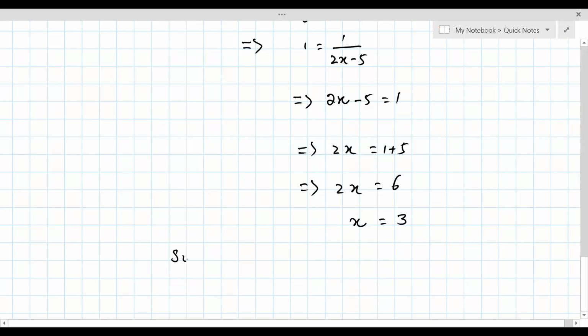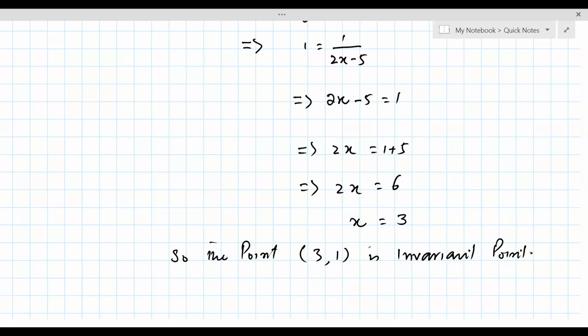So the point (3, 1) is an invariant point. It means that this point lies both on the given straight line as well as the reciprocal function.